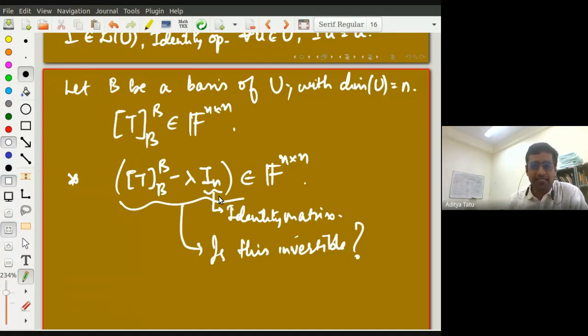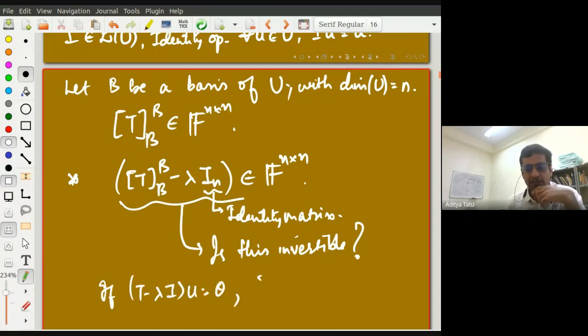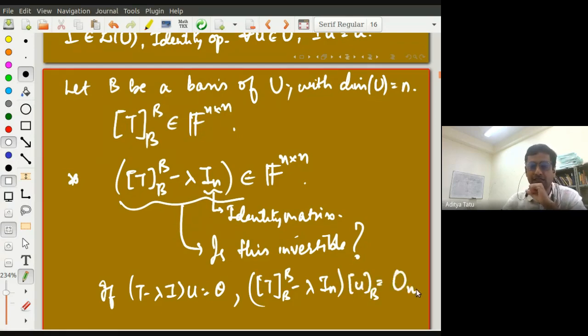So if this is invertible, then so is T minus lambda I, right? And vice versa, if T minus lambda I applied to u is theta, then T_BB minus lambda I_n multiplied by the representation of u in this basis has to be the n-dimensional zero vector.